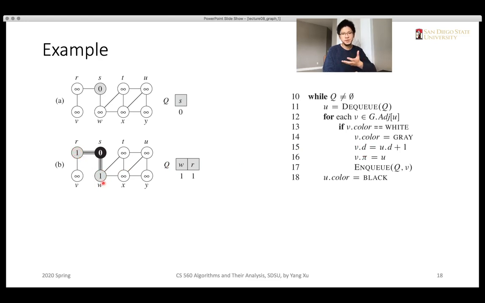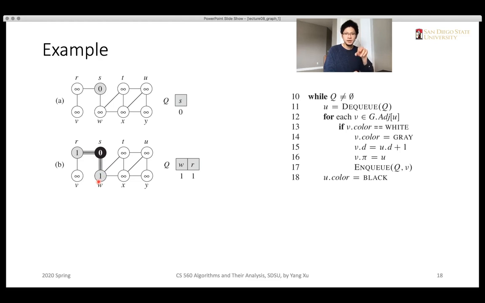Or, exactly speaking, it's not increment, it's assigning their distance to the distance of their parent node plus 1. Because the distance of S is 0, the distance of the adjacent vertices W and R will become 0 plus 1, which is 1.